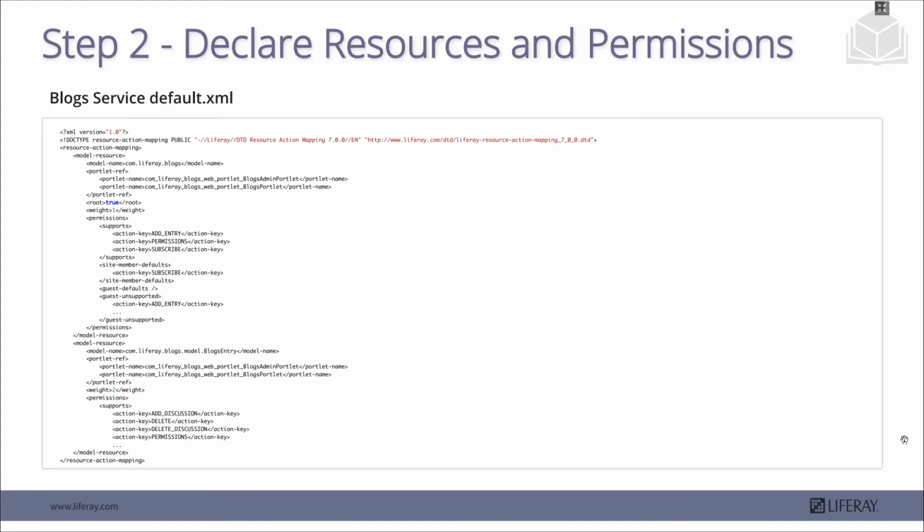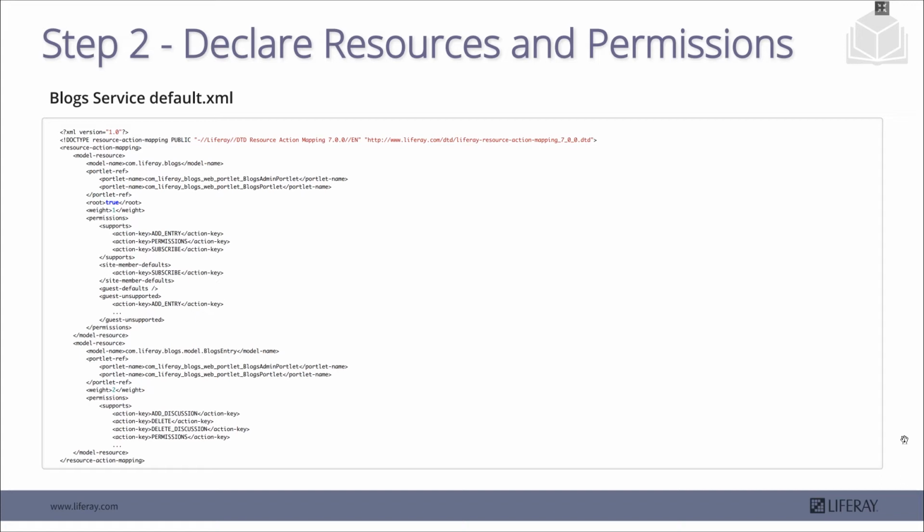So previous was the portlet resource. Over here is the model resource. We'll see close to the top the model name, com Liferay blogs. Now for me, this is an indicator that this is going to be a top level action. The way I know that is because the model name is not something specific.